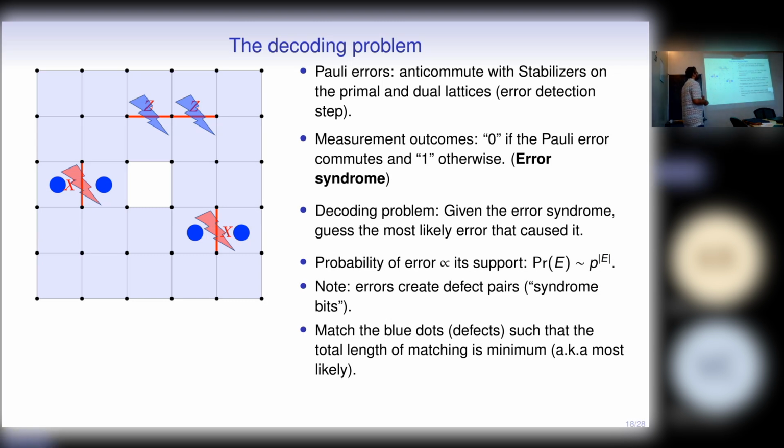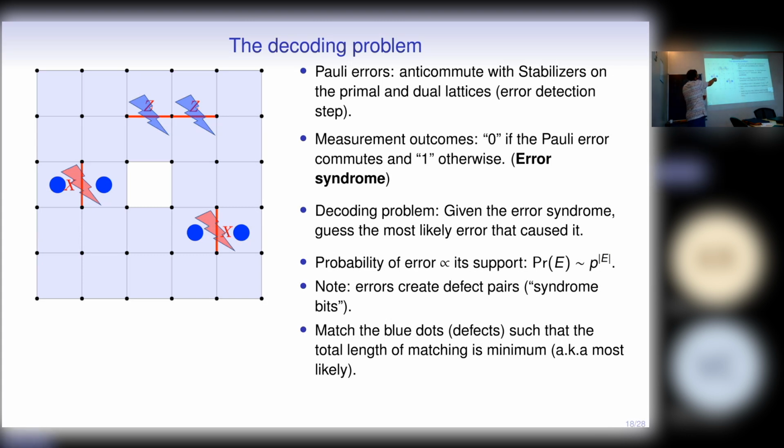Okay. Now, in the geometrical sense, what am I doing with these endpoints, with these blue dots? Any attempt to match them is specifying the error. If I match these two, what am I saying? Whatever edges I crossed in this matching, I'm implicitly saying my guess is that there's an error there.